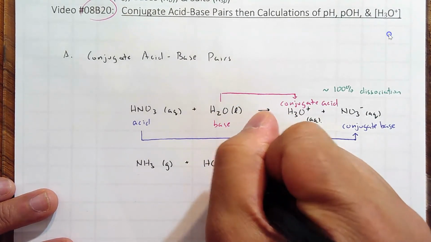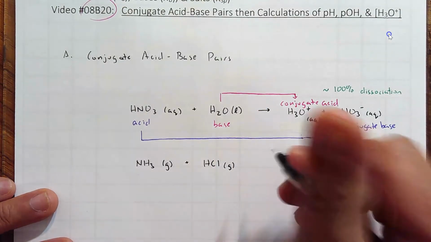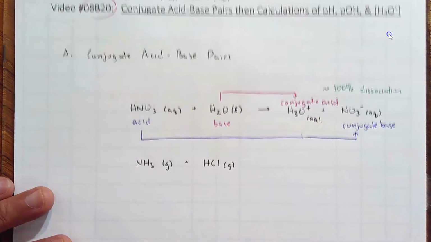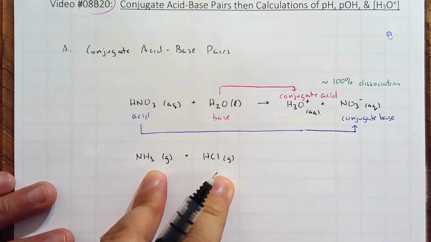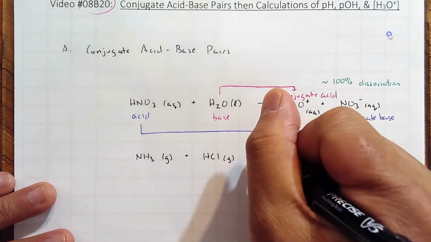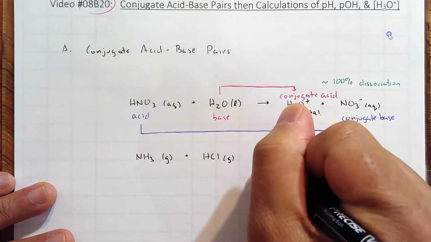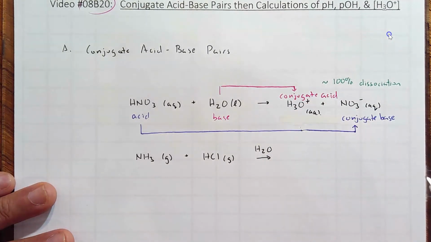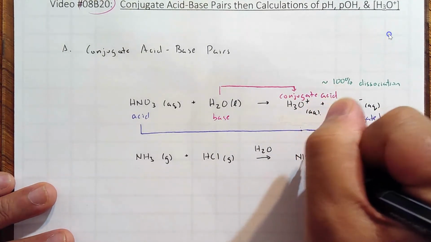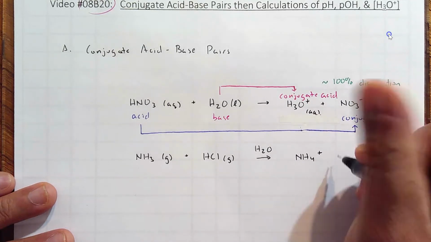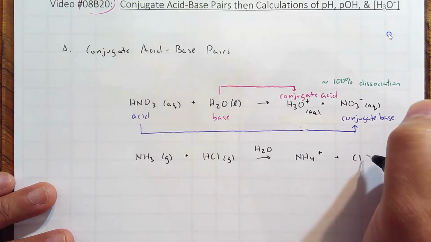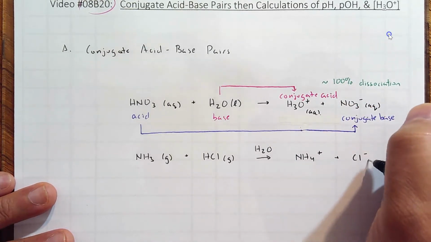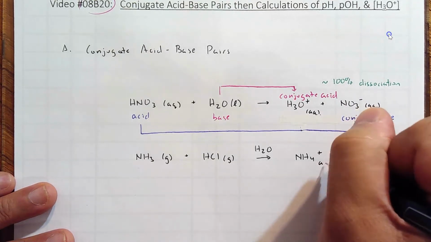Right, so there's no water. The water's not going to be a reactant, but it will facilitate the reaction. So we'll dissolve everything in water, and we get NH4 plus Cl minus, and both of these are aqueous.